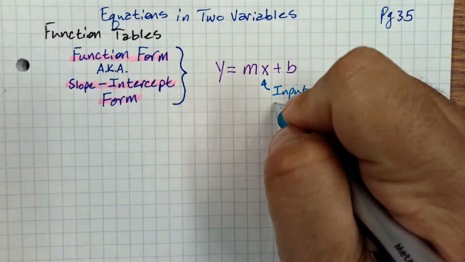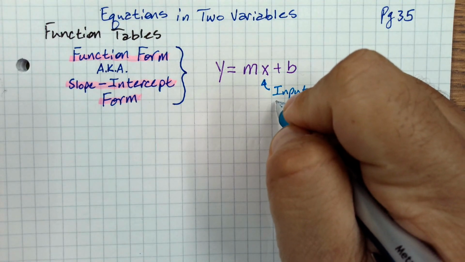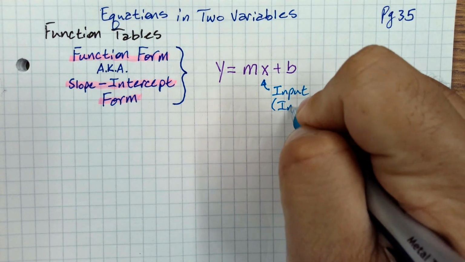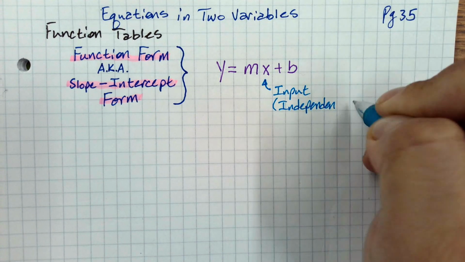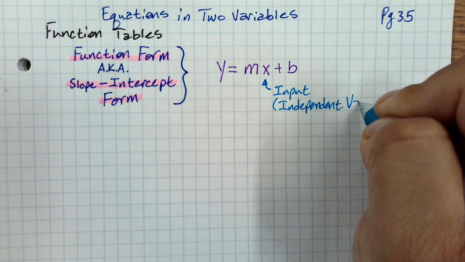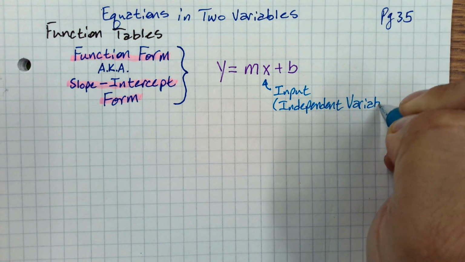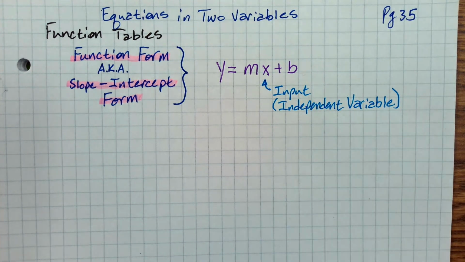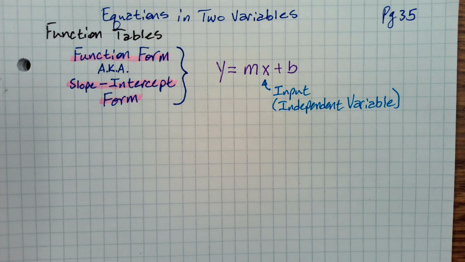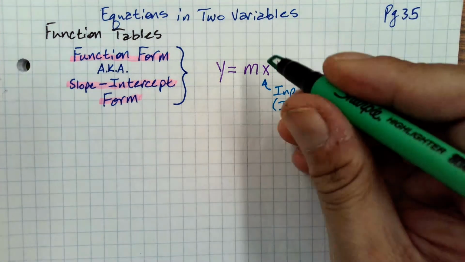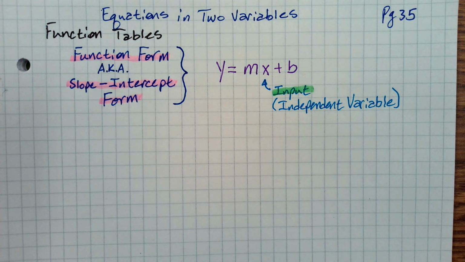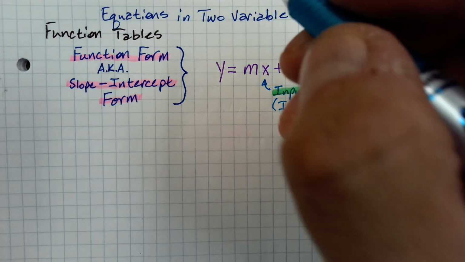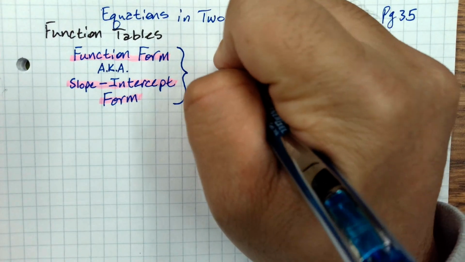So x is often called the independent variable. So this is going to be our independent variable, and it's going to be x. It's the input. Now the thing that we're going to have as an output, our result, is going to be whatever we get for y.